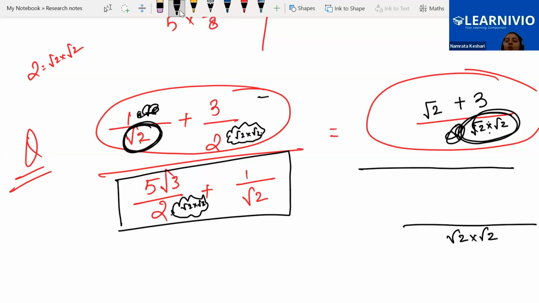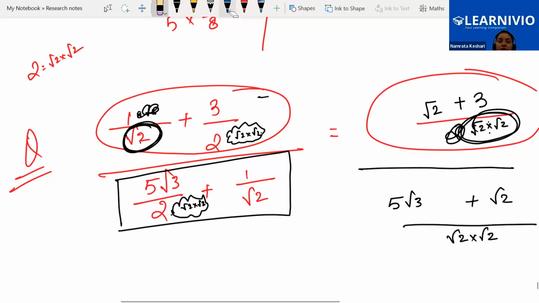Now, can you tell me what will be the numerators we have? 5 root 3 plus root 2. You said it correctly.